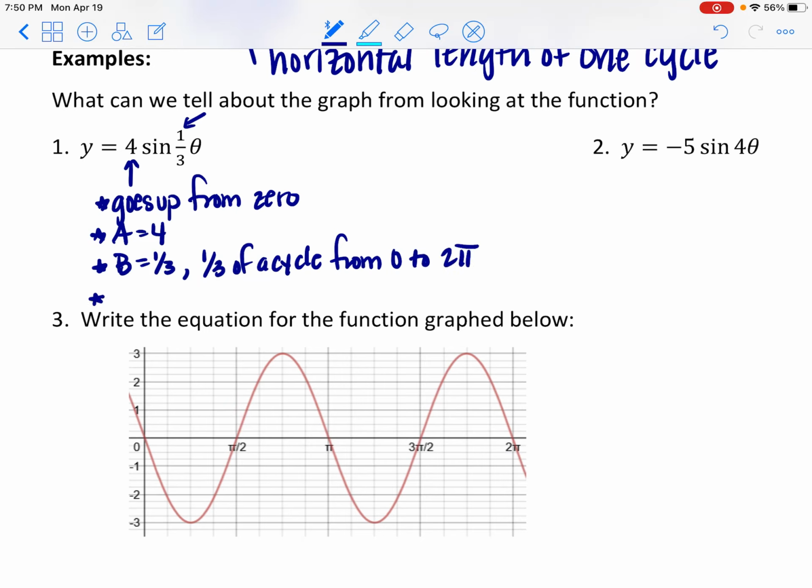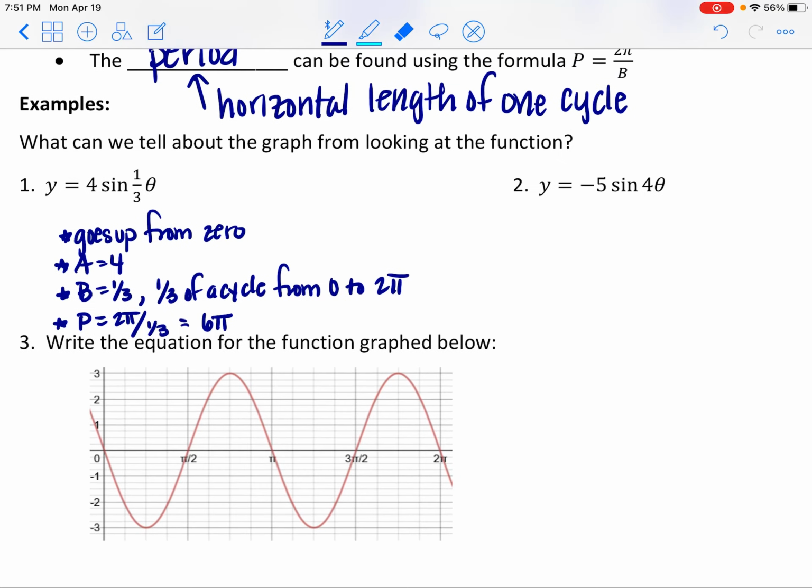And that means that the period, 2 pi divided by b, would be 6 pi. If 1/3 of a cycle happens from 0 to 2 pi, then 1/3 and another 1/3 and another 1/3, that would make the whole thing take 6 pi to happen. So the period is 6 pi, that's how long it would take for one cycle. Okay? So there's all the information we should be able to deduce just by looking at the function.